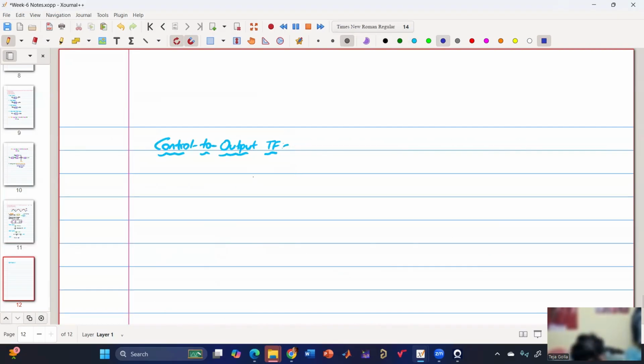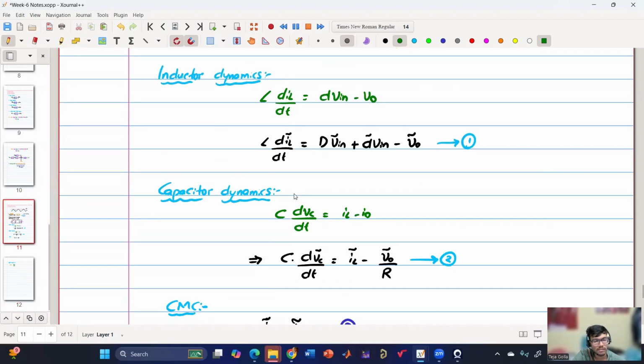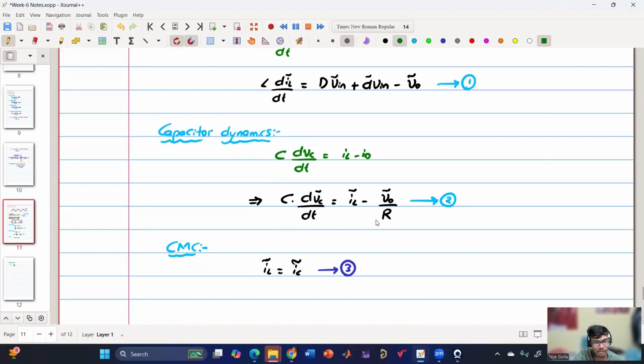So here our GVC of S is defined as V naught tilde of S by I naught tilde of S. So I need to find that expression where I will have only V naught of S as well as I naught of S. In the case of buck converter, you can directly get from here because IL is IC and GVC is nothing but V naught, right?